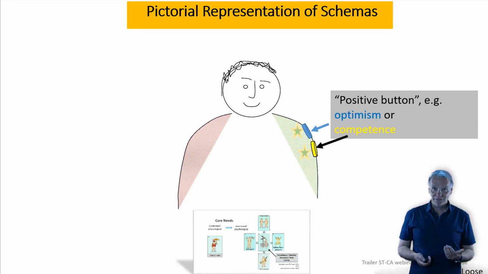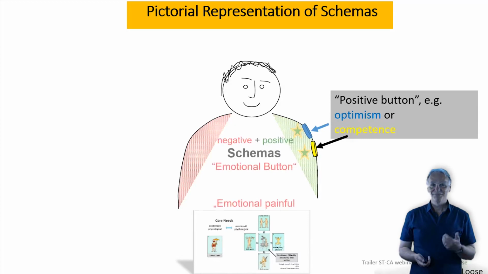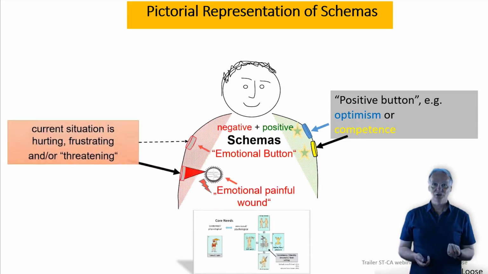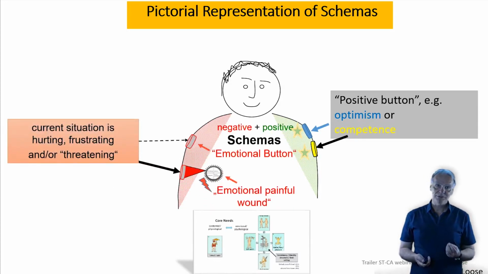In the introductory workshop, which is also a standalone workshop, so you will benefit from that alone, we look for these sore spots or pain points. That means wounds which are activated when the client comes into a situation that he knows from his past or from his earlier experience.